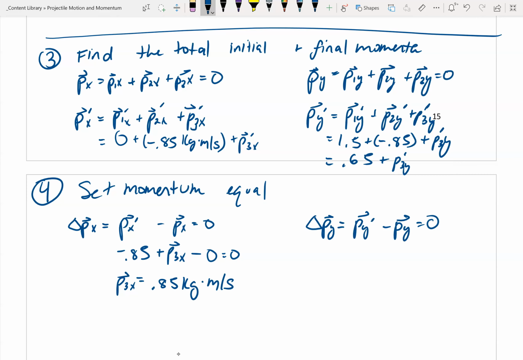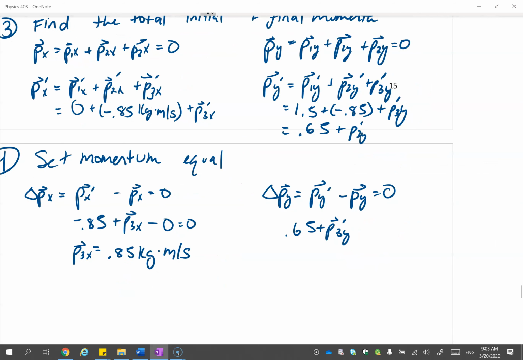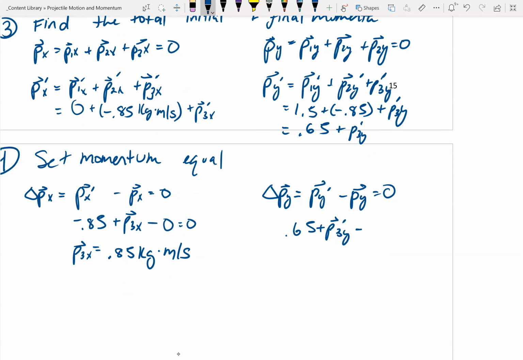Then we're going to look at our y direction. The Py prime was 0.65 plus P3y prime. This was found again in step 3. We know this is subtracted by the initial momentum in the y direction, and we found that as 0, and this whole thing is equal to 0.